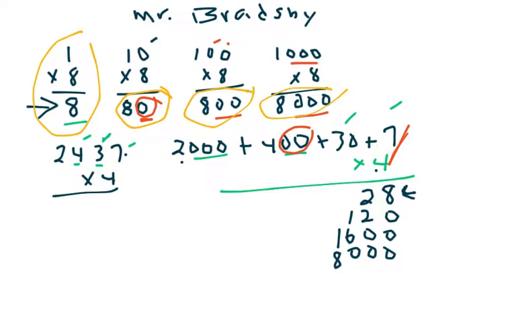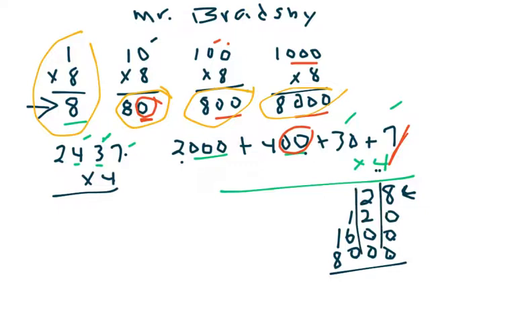So there would be a zero there, but no extra zeros. 4 times 7 is 28, okay? Then we put down a zero because that's going to be tens. When we multiply by 400, we put down 2 zeros, then we put down 3 zeros, and multiplied the numbers, 16 and 8.